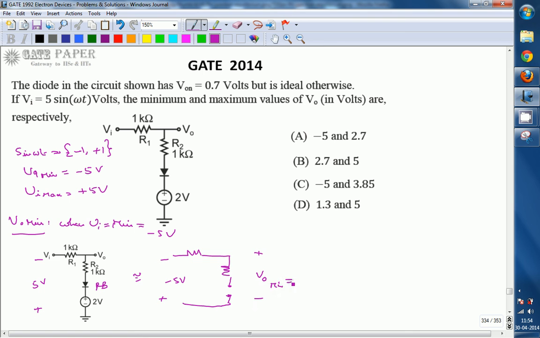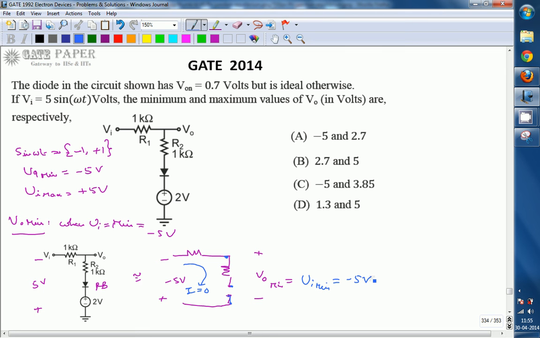V0 minimum is equal to, since there is no voltage drop path, there is no current flowing. As there is no current flowing through this network, it is 0. Whenever the current flowing through it is 0, the voltage drops across the resistors are zero. So this terminal is shorted to this point and this terminal is shorted to this one, so V0 minimum is the same as Vi minimum, which is -5 volts.